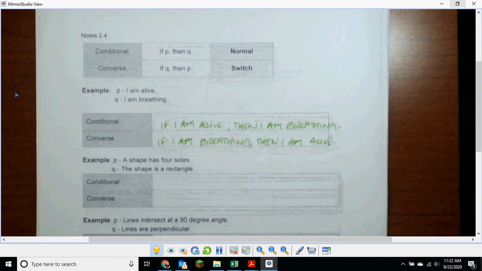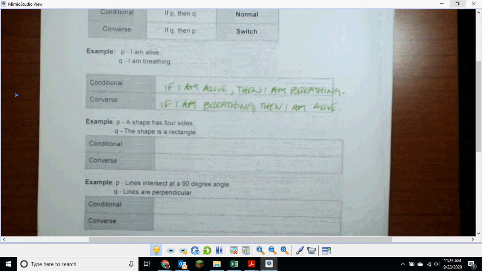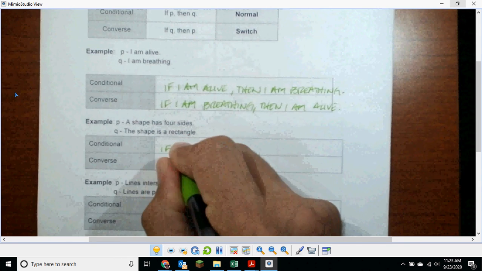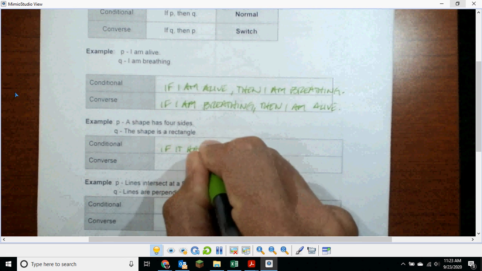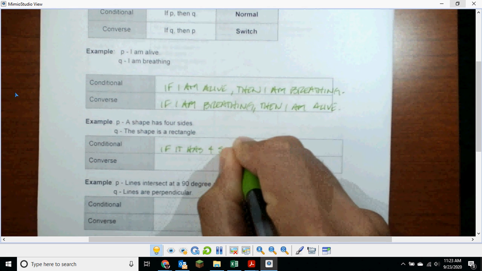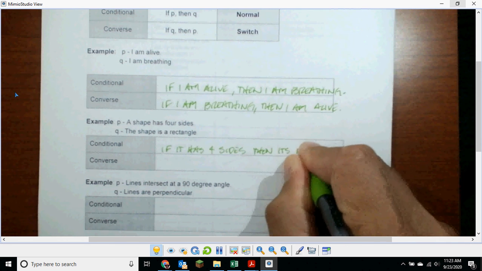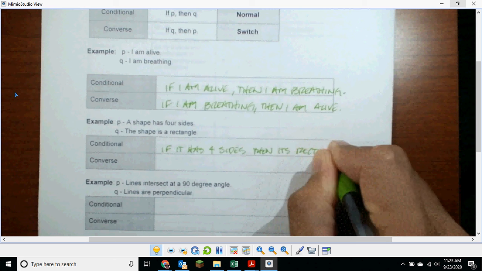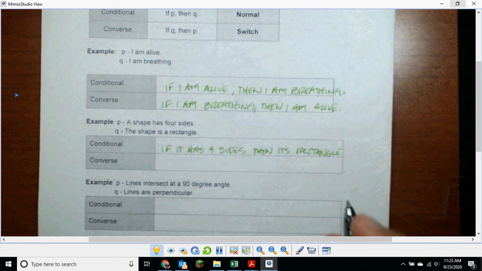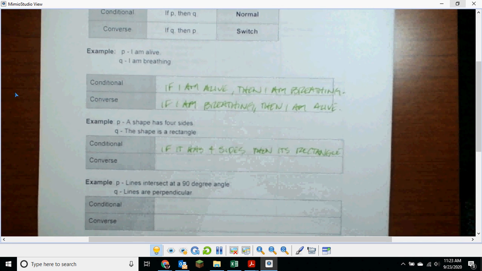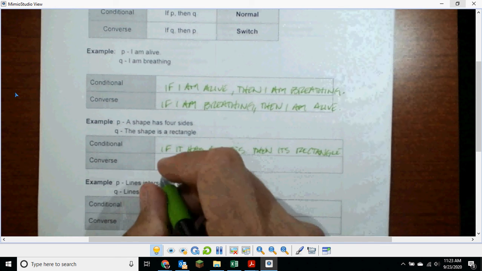Next example: if a shape has four sides, then it's a rectangle. I'm leaving some words out so it fits in the space. Is that always true? No, it's not, because this four-sided shape could be just a quadrilateral, a trapezoid, a parallelogram, or a lot of things besides a rectangle.